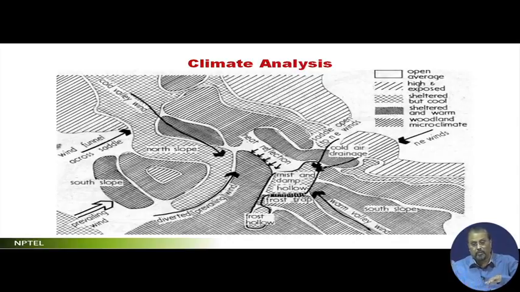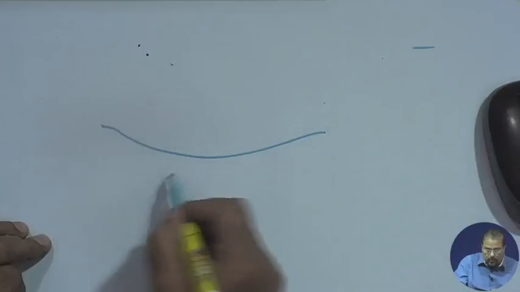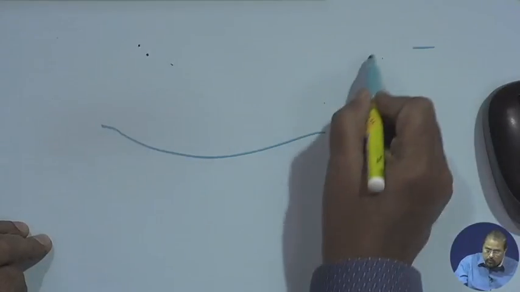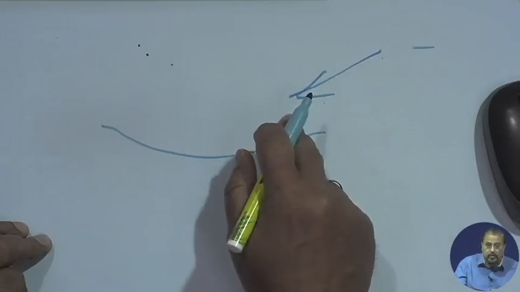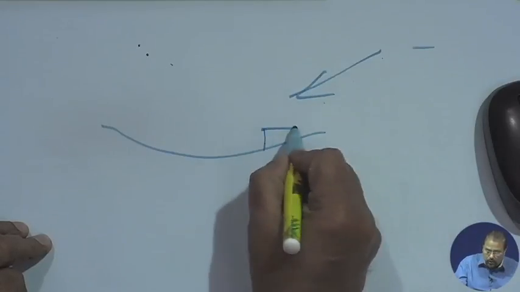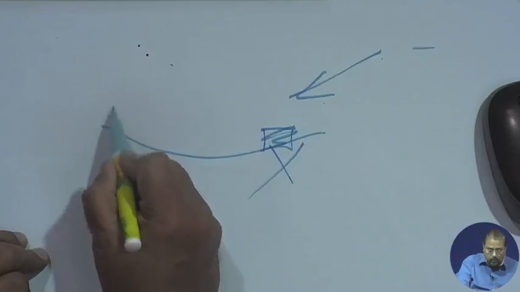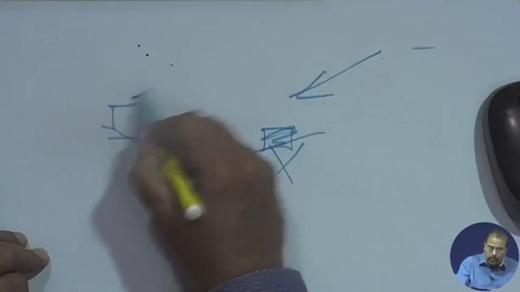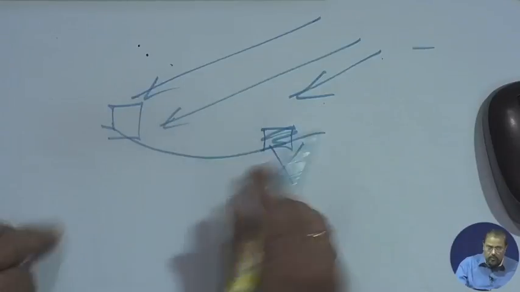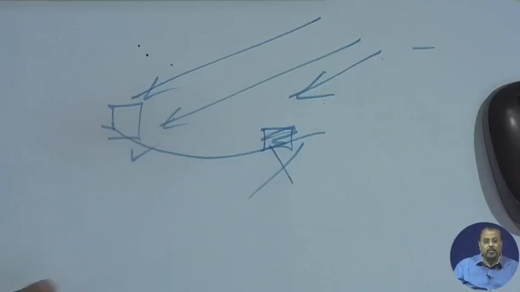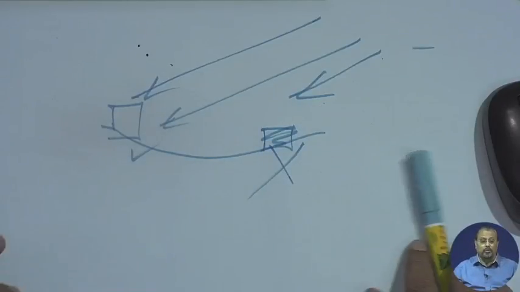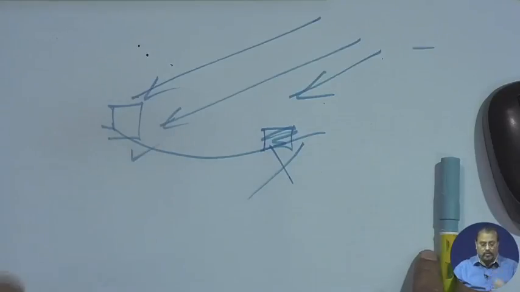If suppose you have a profile of this particular site in section, and most of the sunshine period is in this direction, I am sure that you are not going to put your cottages here. You will always prefer that this is the area which will be subjected to sunshine and radiation for a longer duration. So, this becomes selected. That is how you do the selection, and you decide where all those functions go.